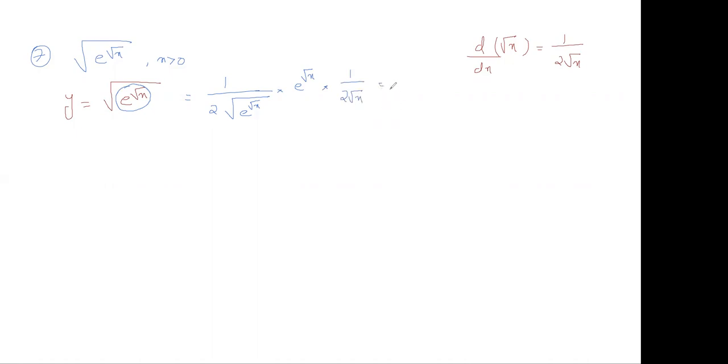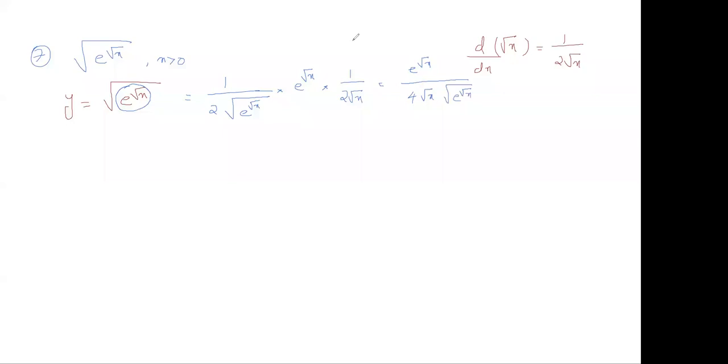You can say e to the power root x comes on top, and in the denominator 2 into 2 is 4, so 4 into root x into root e to the power root x. That's all.